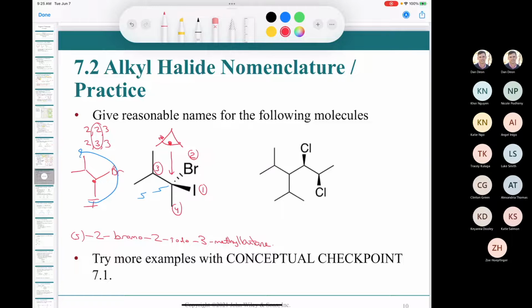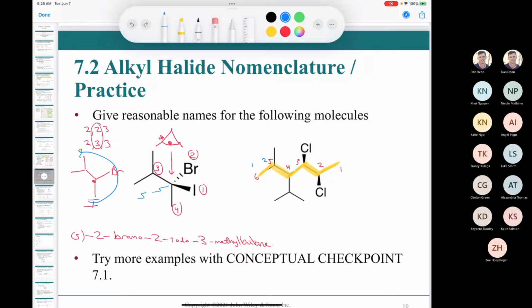All right. The next one, it doesn't matter which way we go. And if you've been looking at it already, we have 1, 2, 3, 4, 5, 6 carbons. And the reason why you would start numbering here, you might be saying, well, Mr. Dion, if you numbered here 1, 2, 3, 4, 5, 6, I'm going to have substituents at 2, 3, 4, and 5.